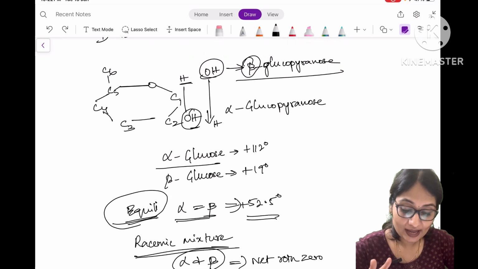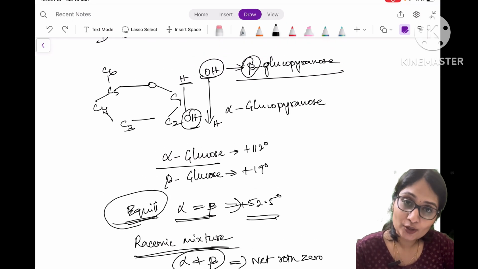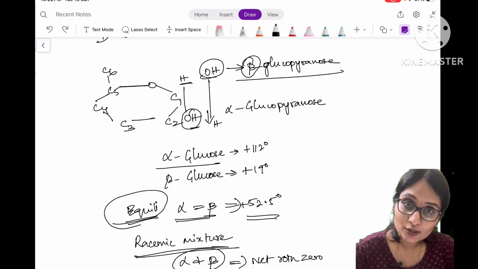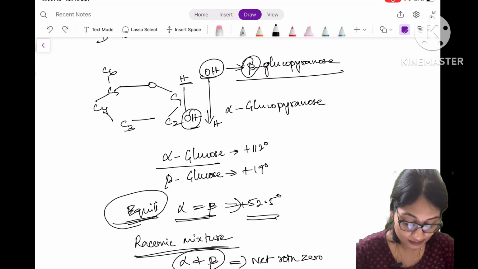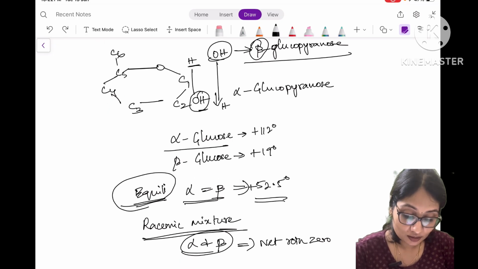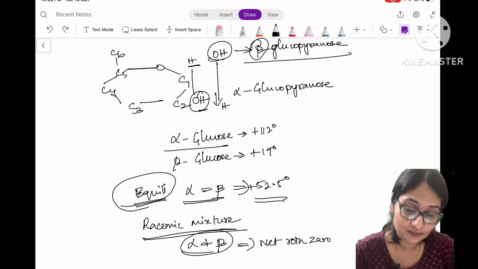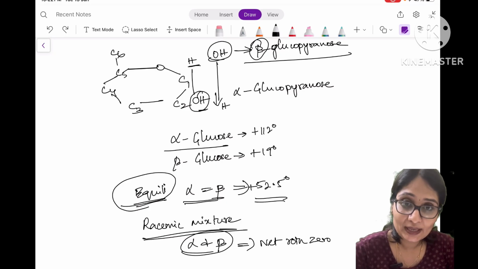So just remember, anomerism is nothing but, with regard to the ring structure, the orientation of H and OH. If OH is above, it is beta glucopyranose, and if it is below, it is alpha glucopyranose. Beta glucopyranose is the most common existing form, and because of this anomeric carbon, it facilitates the rotation of plane polarized light.